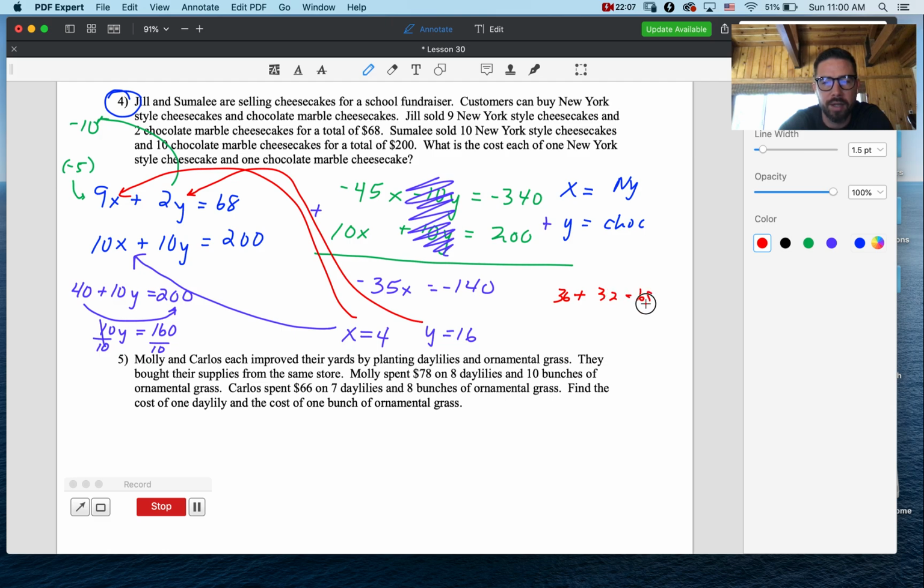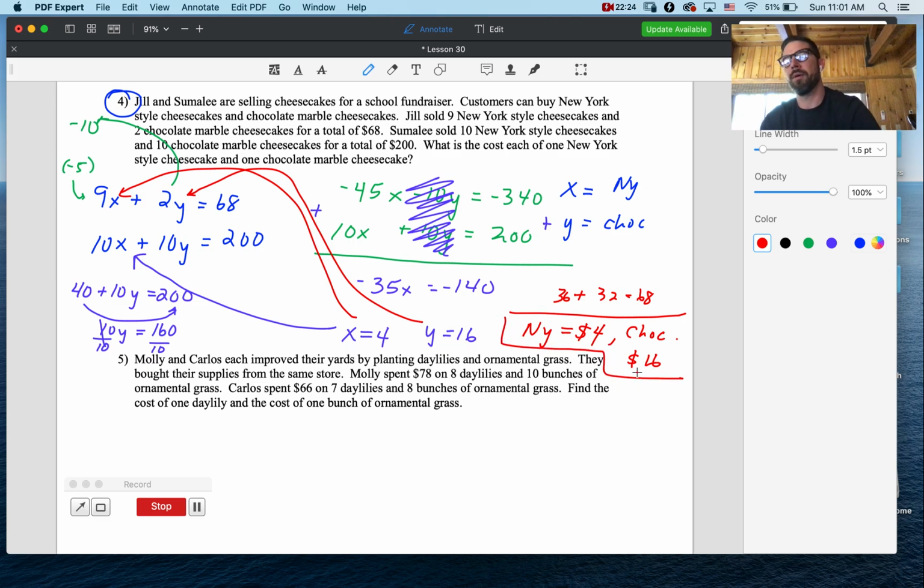Yeah, that does equal 68. Okay, so it looks like we're good. So that means our New York cheesecakes are $4. I'll take that all day. Okay, and the chocolate cheesecakes are 16. Man, I'm getting the New York all day just because it's cheaper.